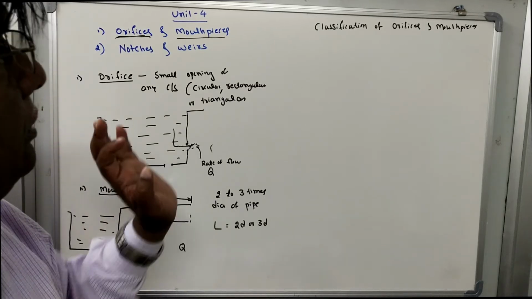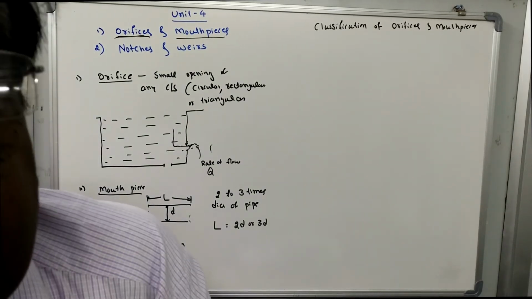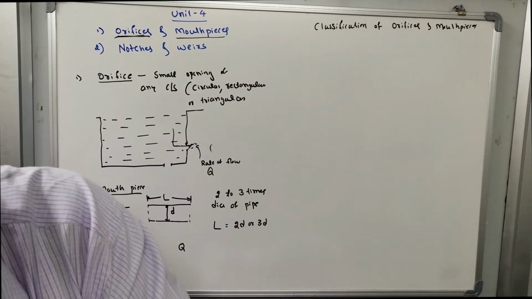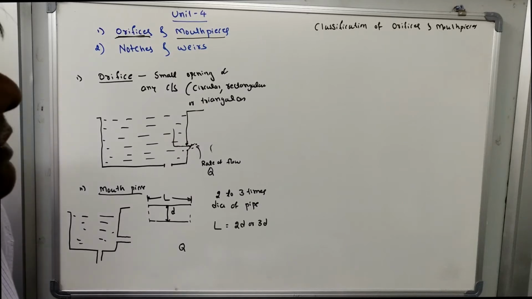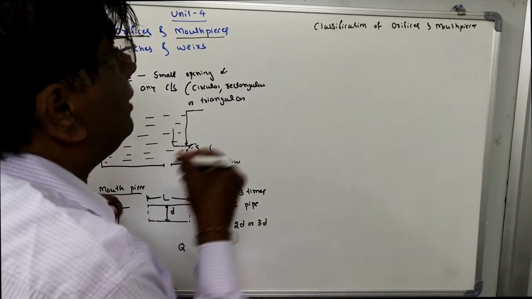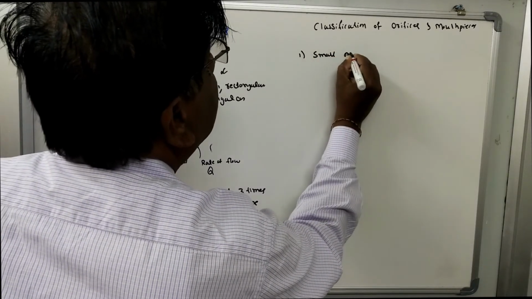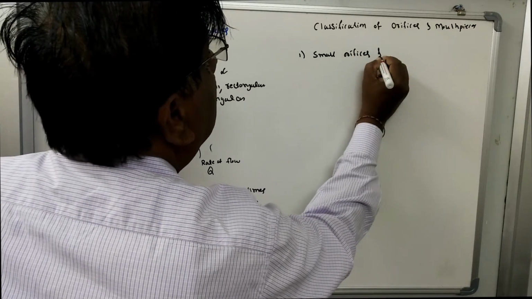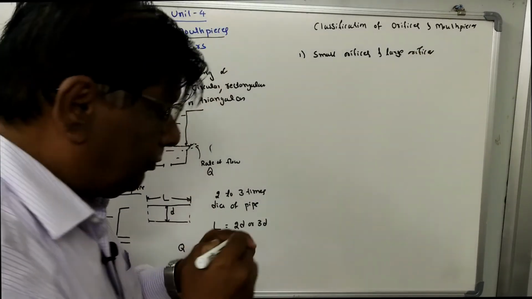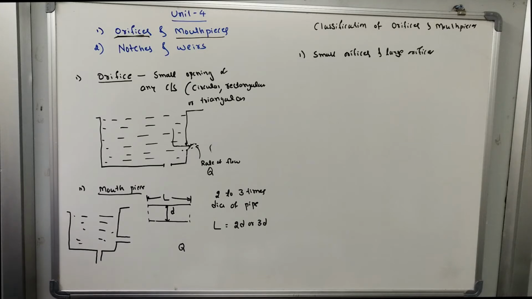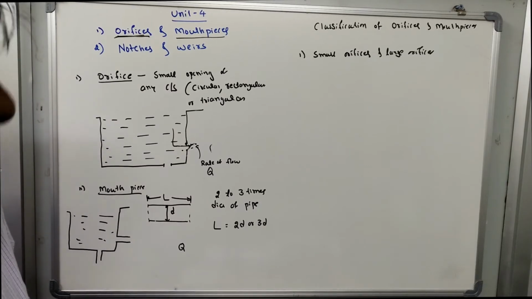Okay, so now the classification of orifices and mouthpieces is also given in the notes. The orifices may be classified as small orifices or large orifices.